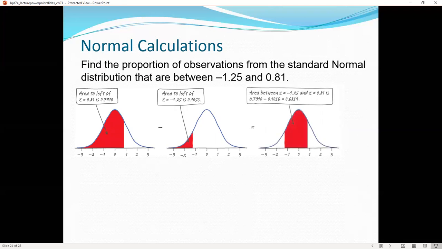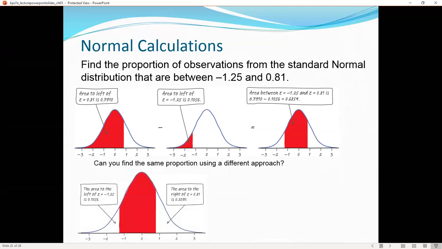If we subtract the area to the left from the image that we have on the right, then we'll get the final image, right? So we're like punching out that corner over there to get just what's left in the middle. And then we're between negative 1.25 and 0.81, right? Which is what we want. So we have the result of subtracting the areas to get 0.685. So the area under the curve between those two z-scores is 0.6854.